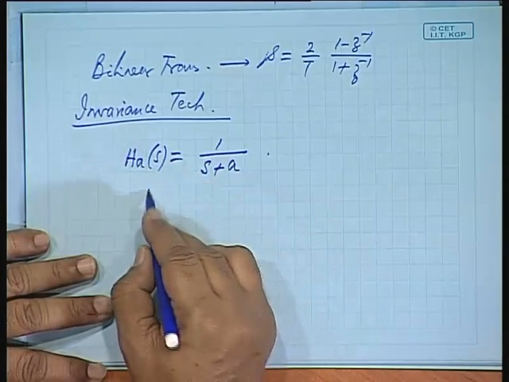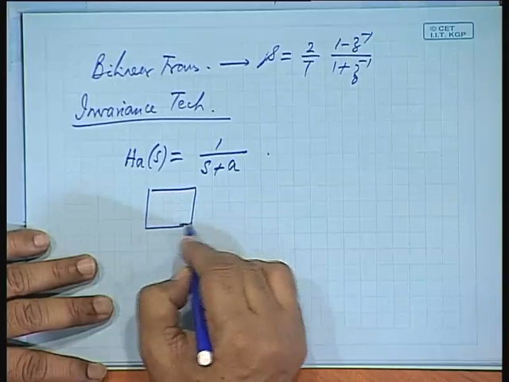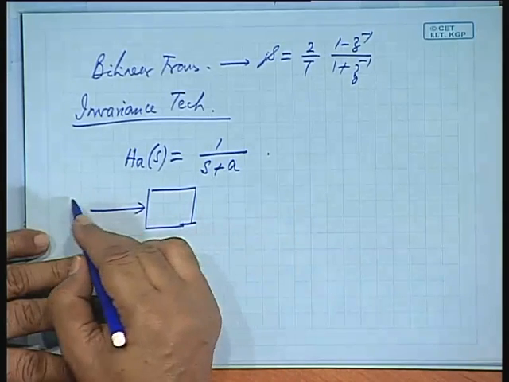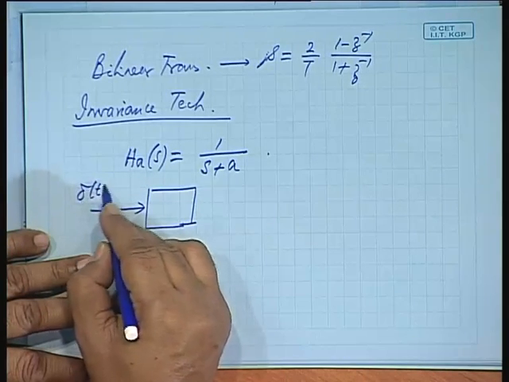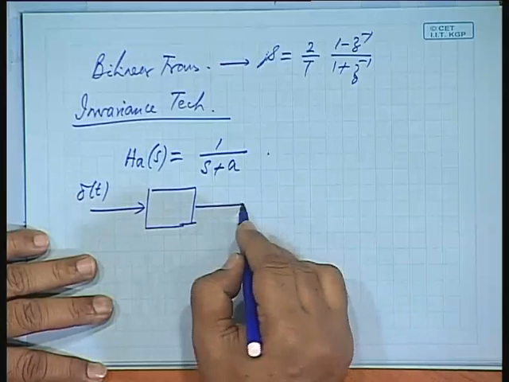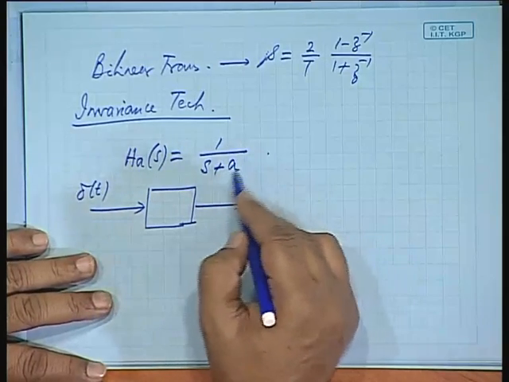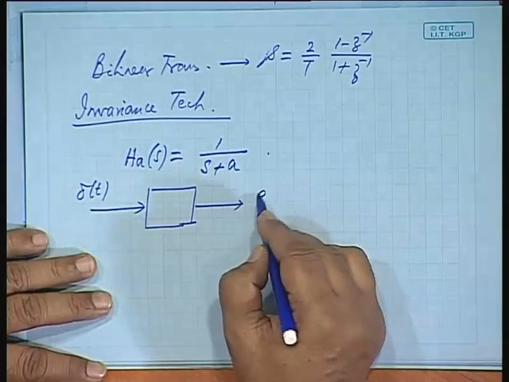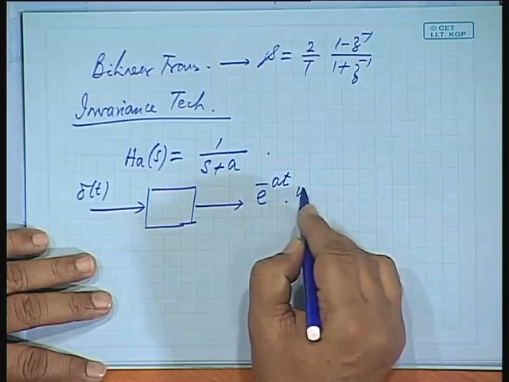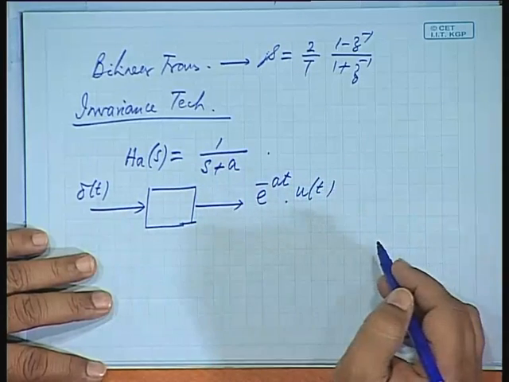If this is the filter, what is its impulse response? If I give a delta t input, it will be the Laplace inverse of this. e to the power minus at into u(t), that will be the output.